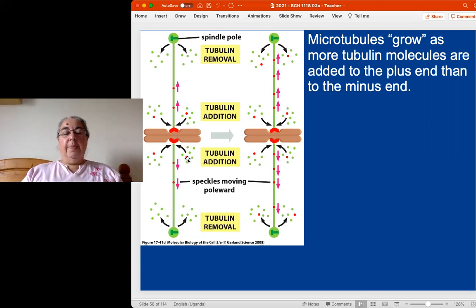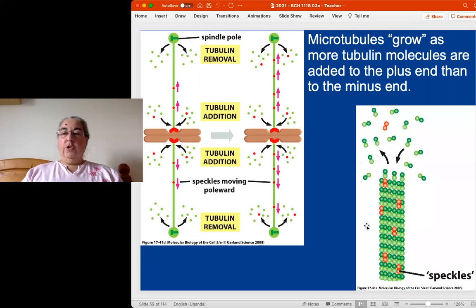Some of the tubulin molecules are labeled with a fluorescent label, and when that's looked at, it appears that those speckles are moving as the microtubule grows. So here's the speckles. Here is where addition and removal of tubulin molecules is happening at the end.